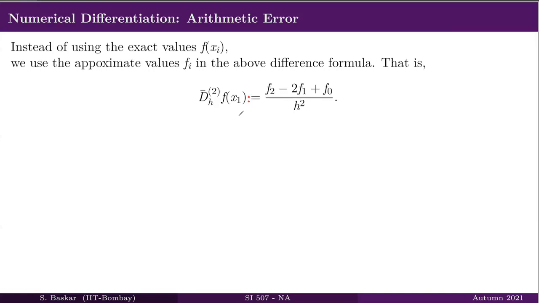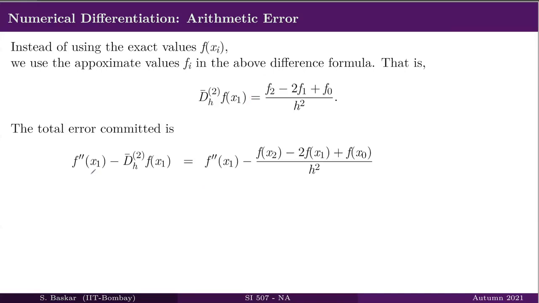Here x is denoted by x1. Now, what is the total error? The total error is nothing but the exact value minus the final value that we obtain, possibly from the computer. And what is this? This is given by this expression, right?